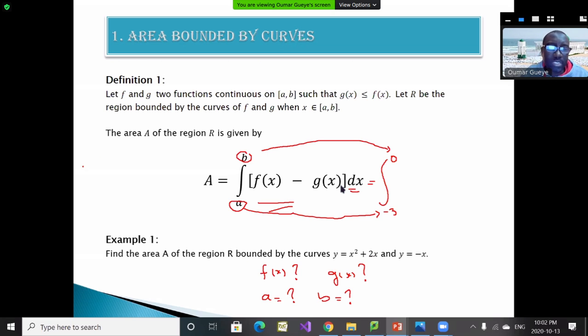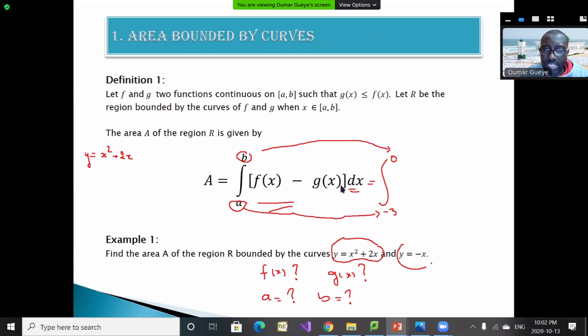So for example, here my first function is y equal to x squared plus 2x. It's from here. This is my first function. And my second function is right here, y equal to -x. Now what I want to know is which one is the greater function.